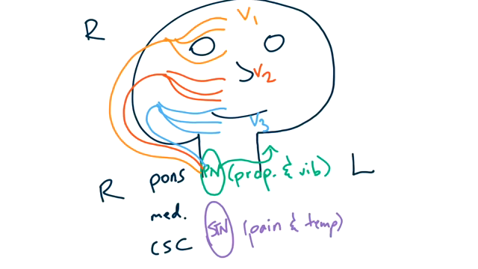Because this nucleus is so large and descends into the cervical spinal cord, information about pain and temperature must travel all the way down into the spinal cord before decussating. So again, any information about pain and temperature coming from the right side of the face must travel down to the right spinal trigeminal nucleus. I'll draw that here. At this point, the information can decussate and ascend back up through the brainstem.